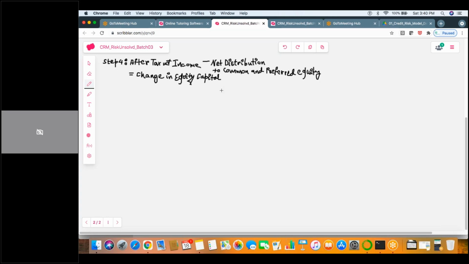The income is driven by the provisions, and how optimally your provisions are maintained would determine this. So how exactly is your equity capital behaving in relationship with a change in this? That's the part that we are looking at.